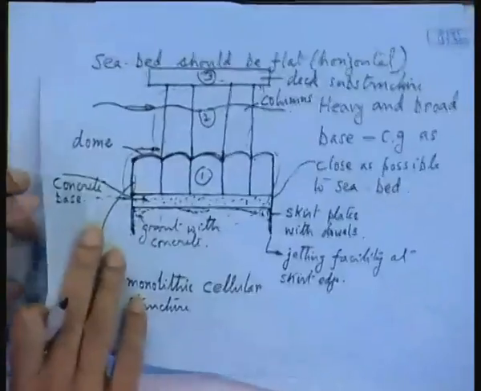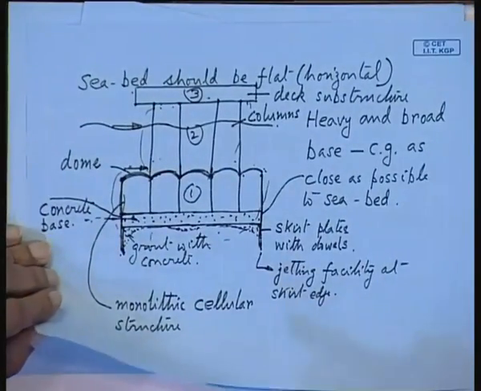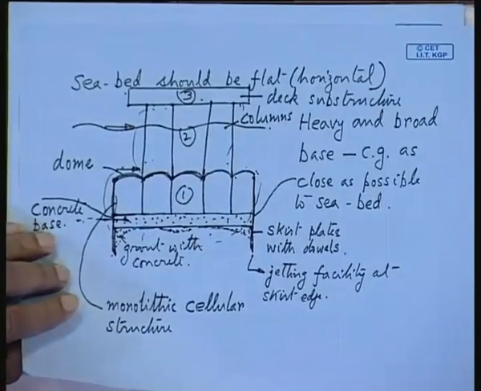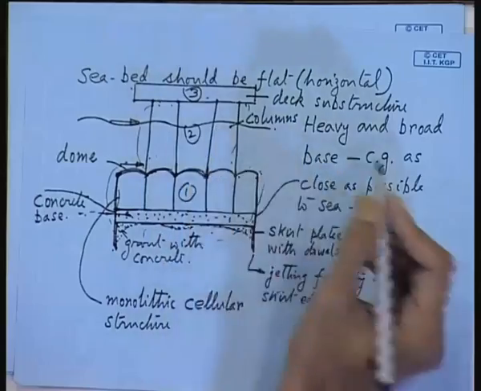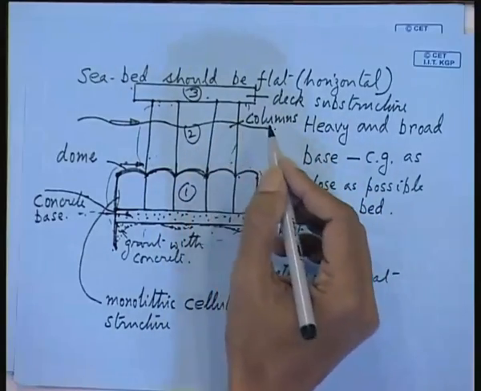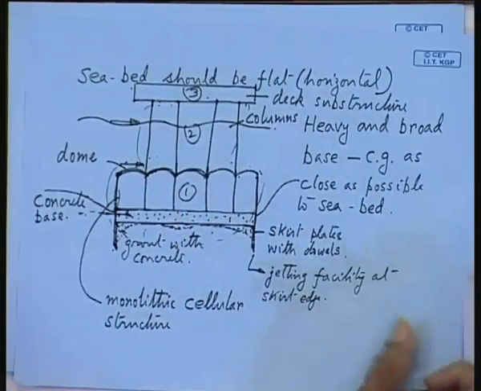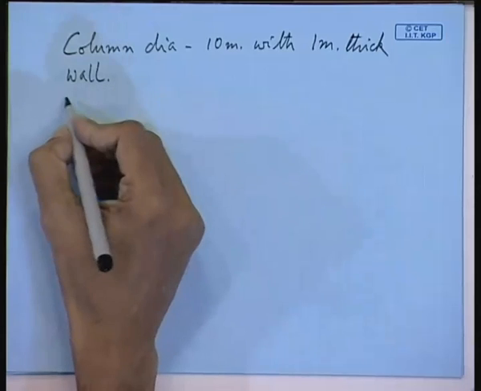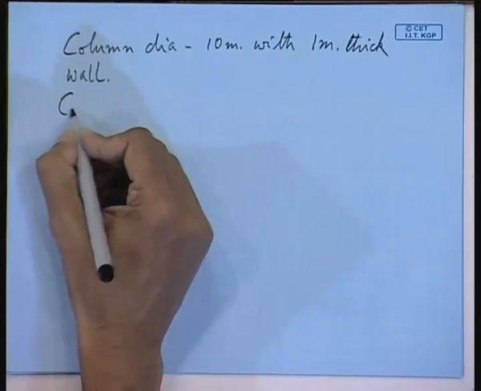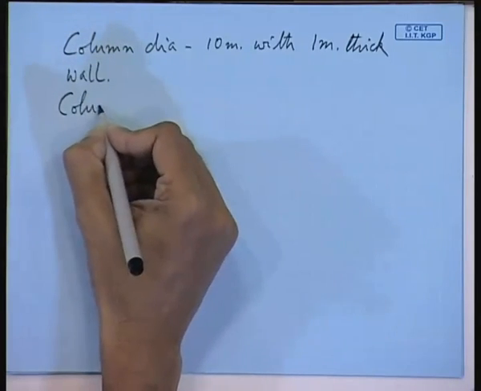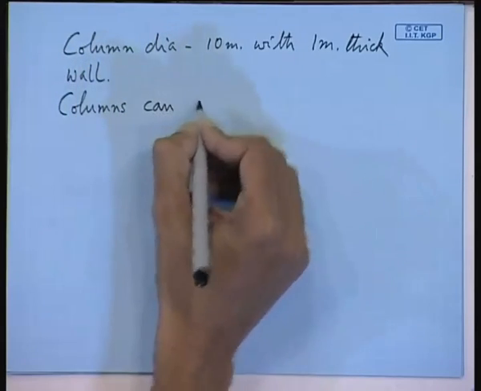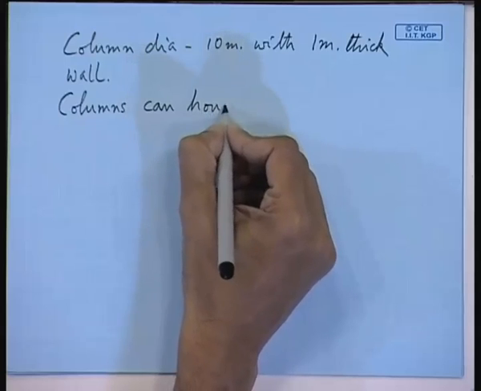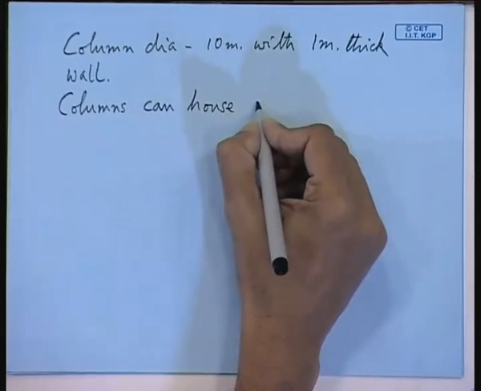Now coming back, in the columns you do not store oil. Oil is not stored in columns, but columns can house conductor pipes.